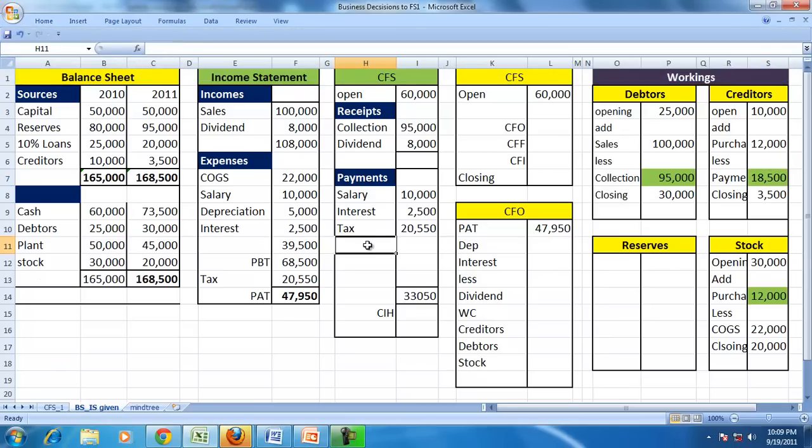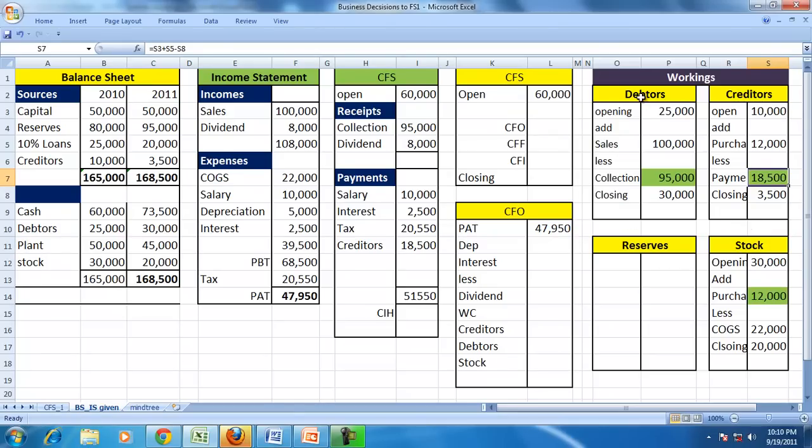So on the payment side, we can say payment to the creditor is 18,500. You can also, if you say that this is not a credit purchase, cash purchase, show entire 12,000 in the payment and the reduction in the creditor by 6,500 in the payment. So the amount is 18,500 in both ways.